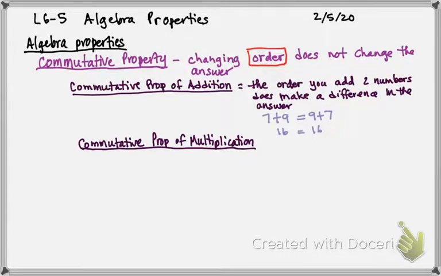You have to determine which of the commutative properties, the one of addition or the one of multiplication. So it says the order you multiply two numbers does not make a difference in the answer.